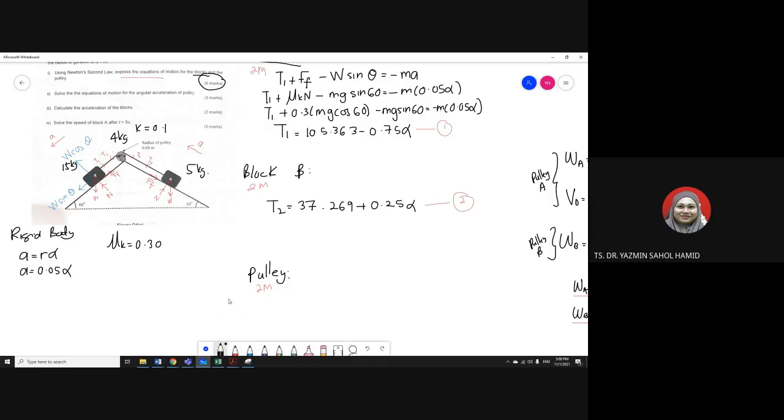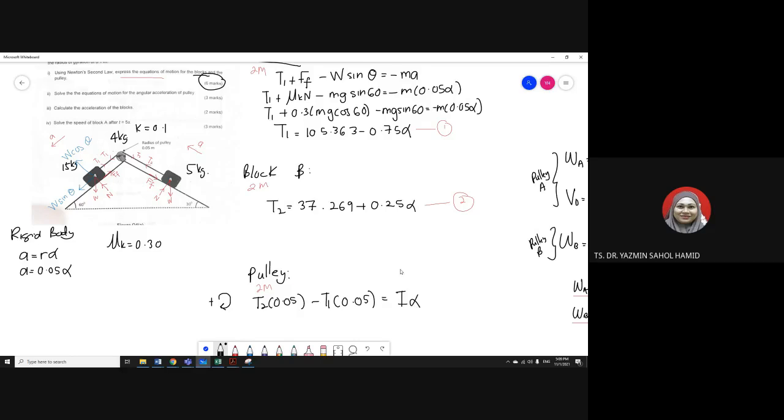Okay, next for your pulley. Let's say your pulley is positive in that direction. When we want to do the equation for your pulley, it will be T2 multiplied with the radius, which is 0.05, minus T1 times 0.05 equals to I alpha.